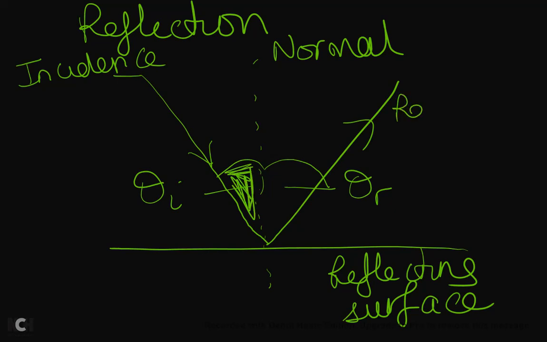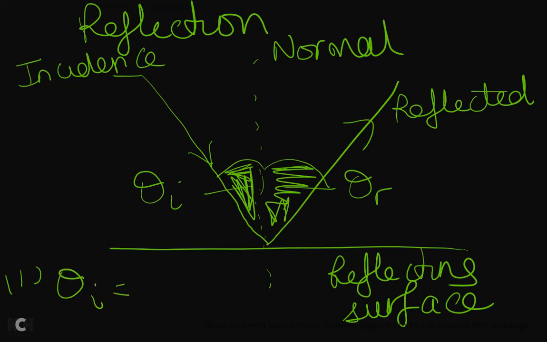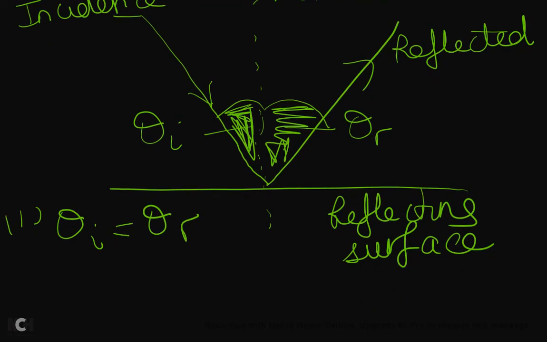Similarly, for this ray, which is reflected off the surface, the angle between that and the normal is my angle of reflection. The first law is that the incident ray, the reflected ray, and the normal all lie on the same plane. The second law is that the angle of incidence is equal to the angle of reflection.